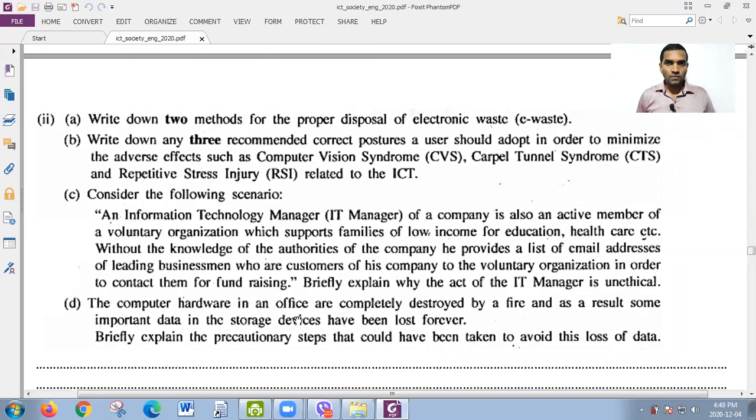We discussed privacy, right? Privacy is protecting the personal information about individuals. But now the privacy is affected because this manager gave away these email addresses without the customers' consent.